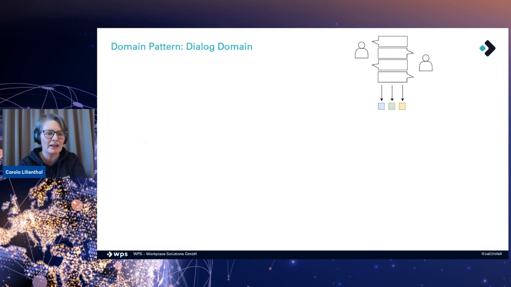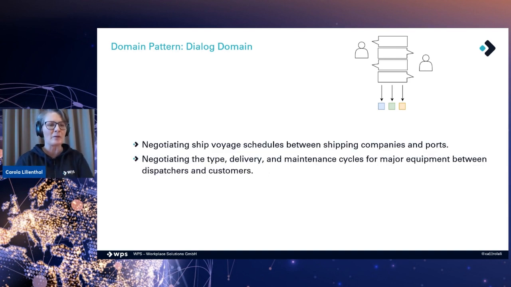Let's have a look at some examples. I'm still a bit shocked from this moment we had before. We have a client who created a platform for negotiating ship voyages, especially the schedule of these ships, these boats, how they go from one port to the other.